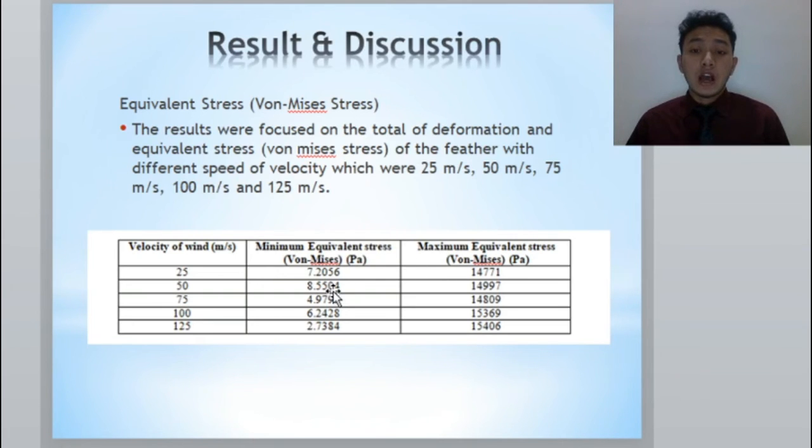The highest maximum equivalent stress is at a velocity of 125 meters per second. As we can see here, the higher the velocity of the wind, the higher the maximum equivalent stress of the feather, which is 15,406 Pascal.